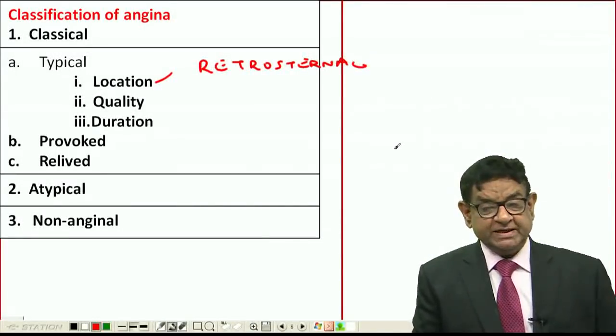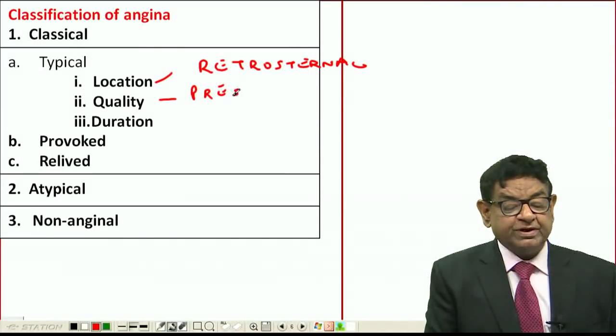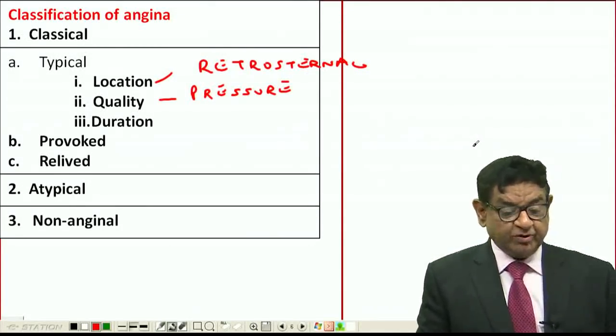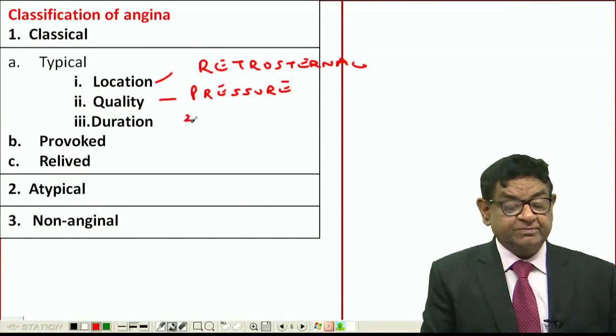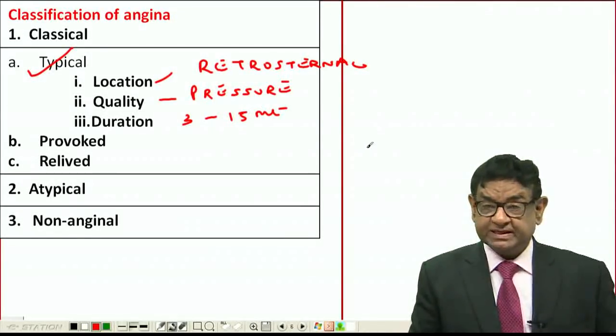Or so-called just behind the sternum, and the quality is somebody is putting a lot of heavy pressure on the chest. That's what we could call as Levine sign. And duration of the pain is somewhere between 3 to 15 minutes. This is the typical of angina.